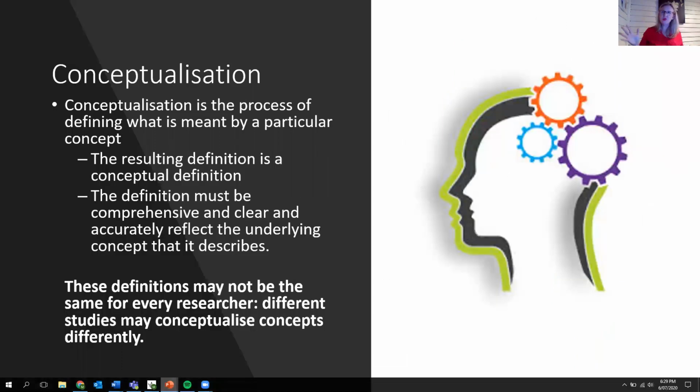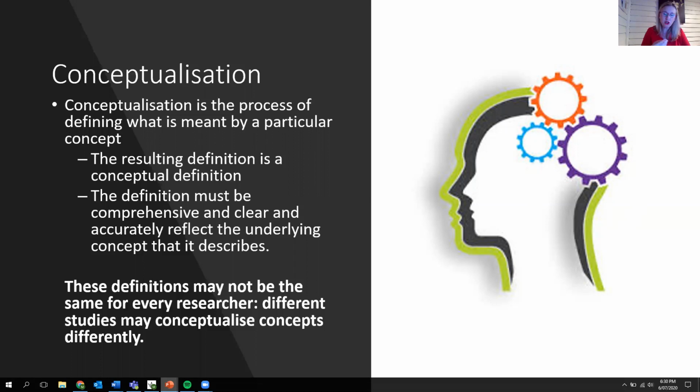Okay, once we're done getting some things on paper, getting our ideas out there and spelling out exactly what we mean by a concept, we call this a conceptual definition. Okay, it has to be comprehensive, it has to be clear, and it has to be accurately reflecting the underlying concept. All right? Now, again, they're going to look different for every researcher.